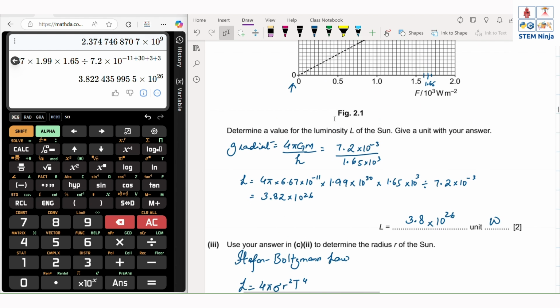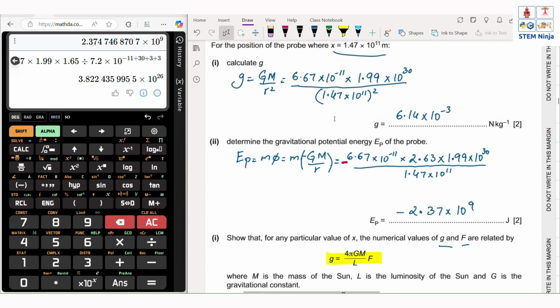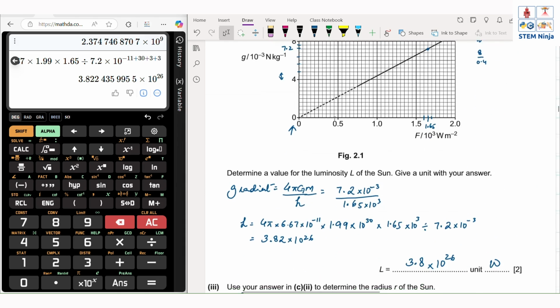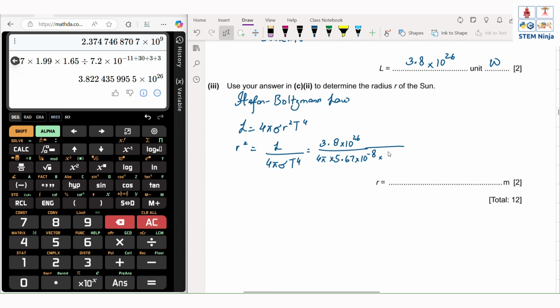The surface temperature was given as 5780 kelvins raised to power 4.